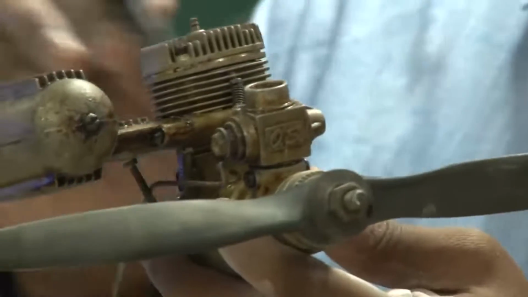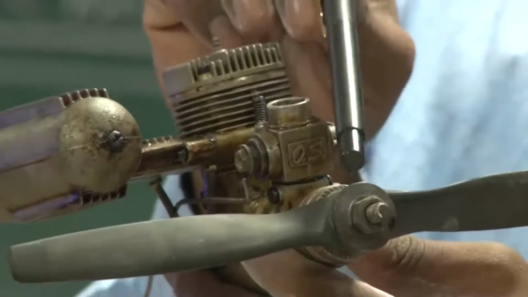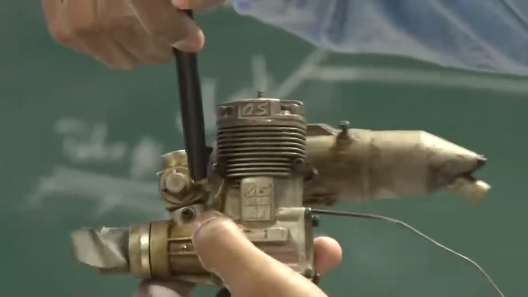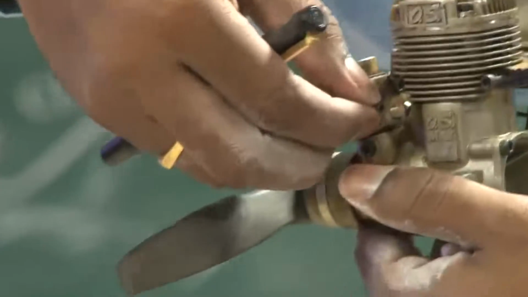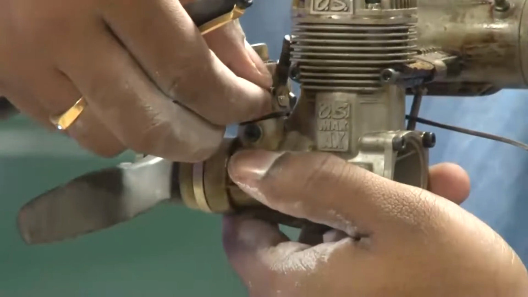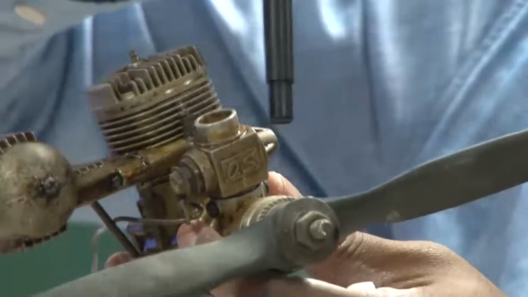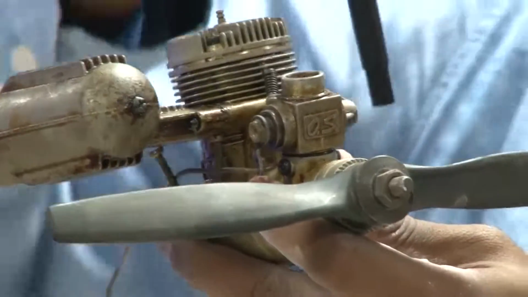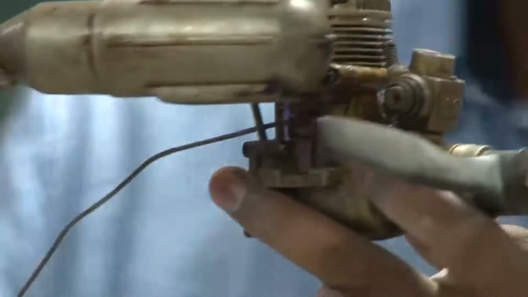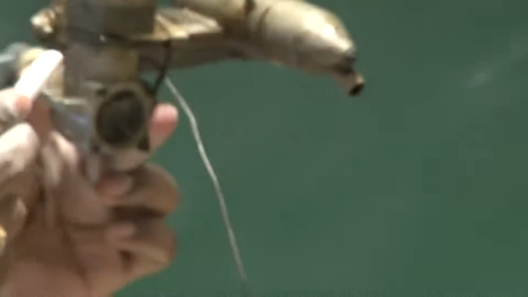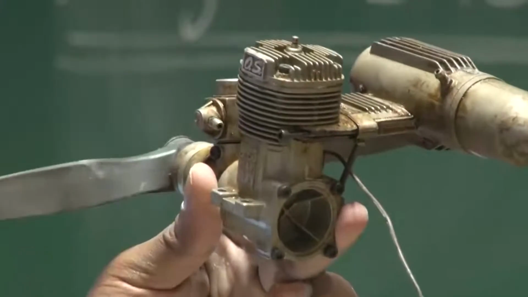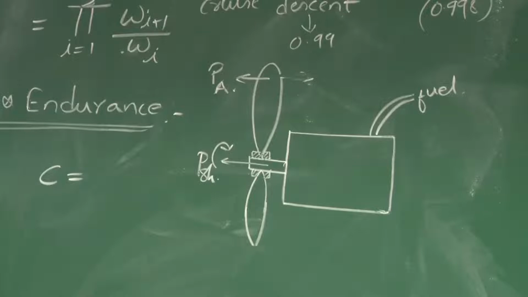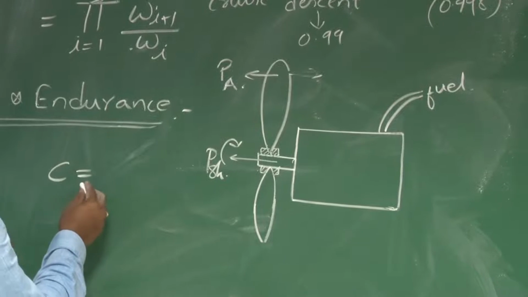It is a mechanical power that will be available. The valve that you can see here is a fuel inlet, right? So whatever fuel is used to generate this power, in other words, what is the amount of fuel that is consumed to produce a unit of power? That is defined as specific fuel consumption.